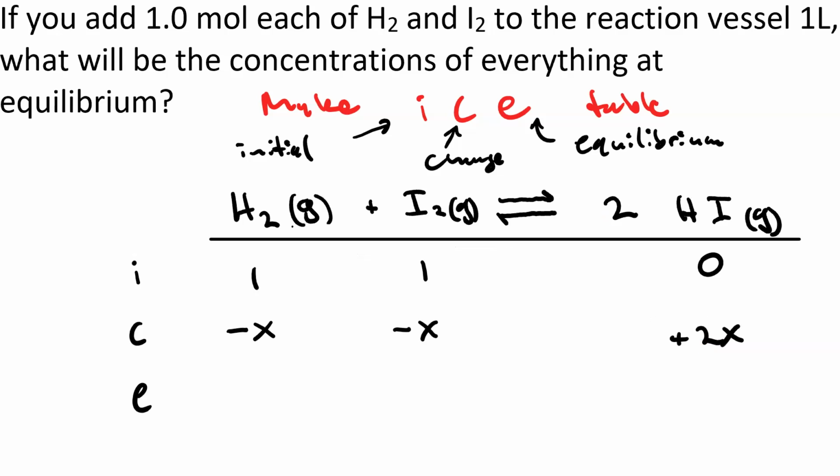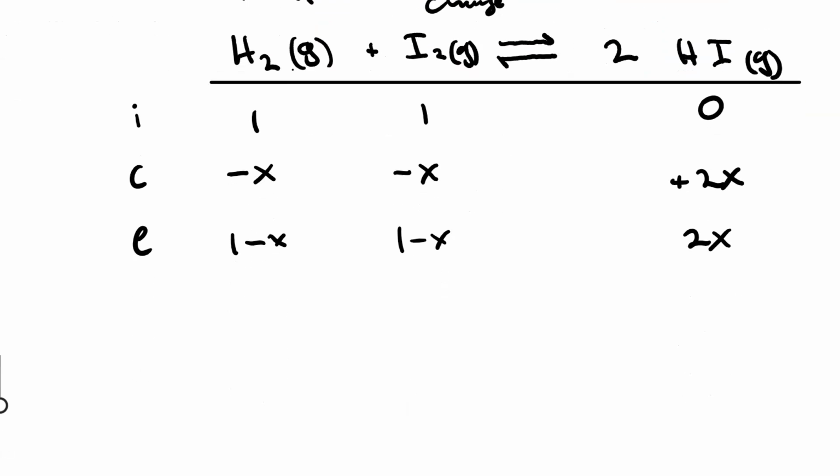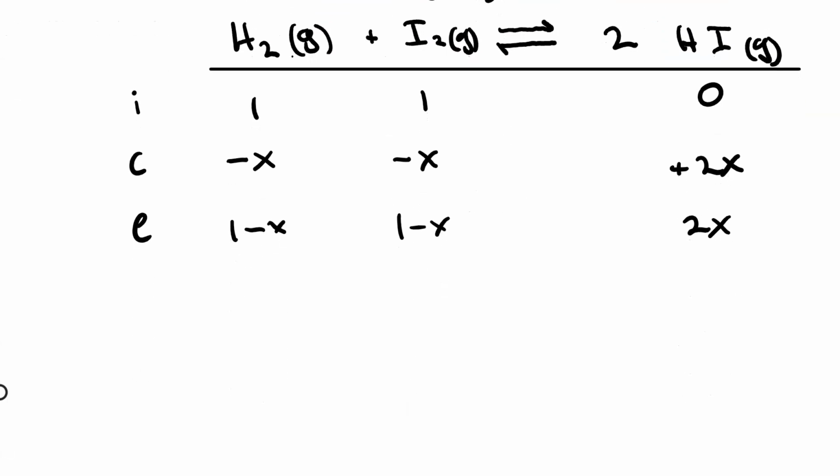The equilibrium value on the E line is just the sum of the I line and the C line. So we've got 1 minus X, 1 minus X, and 2X. Now, to use this, we also need an equilibrium expression.